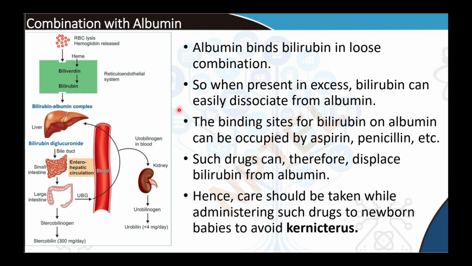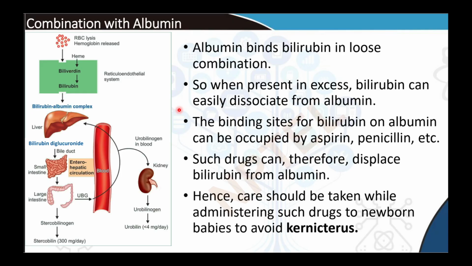And the binding site for bilirubin on albumin can be occupied by aspirin and penicillin. Penicillin is an antibiotic, and aspirin is a very common drug that we take during a headache. We should be careful while taking all these drugs and antibiotics, because aspirin and penicillin can bind to albumin at the same binding site where bilirubin is binding.